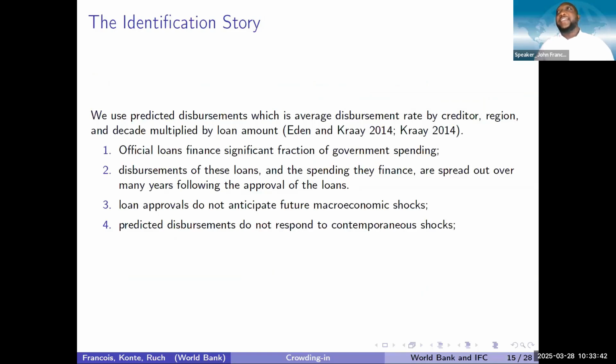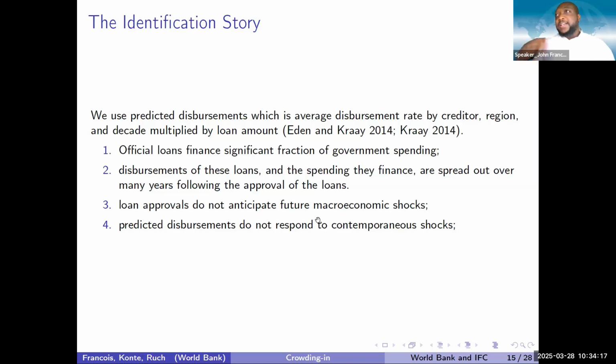Our instrumental variable is based on, as I mentioned earlier, average disbursement, which is based on predicted disbursement from international organizations or official entities across the world. This includes both multilateral and bilateral creditors, right? We construct this instrument following Eden and Kraay 2014. The rationale behind this is that official loans finance a significant portion of government spending, particularly the investment component, right?